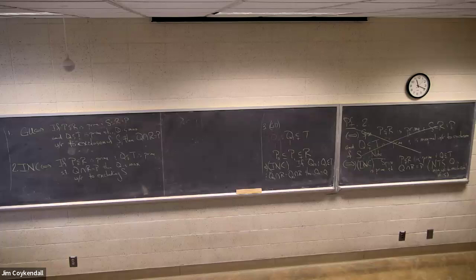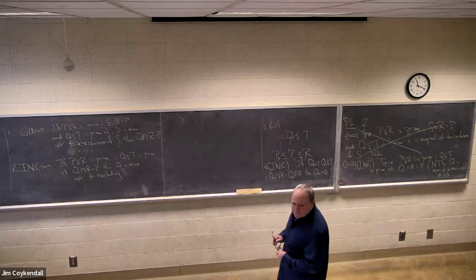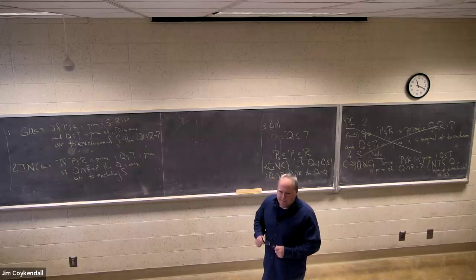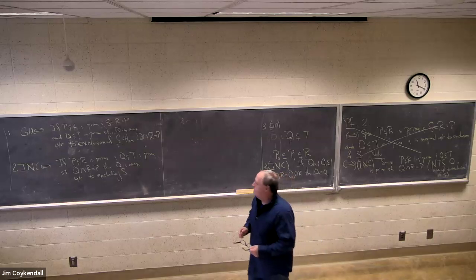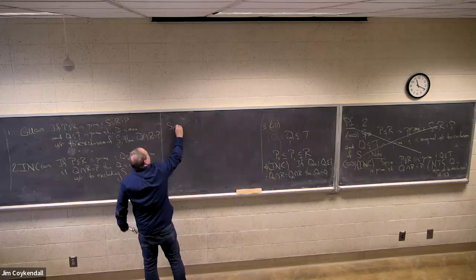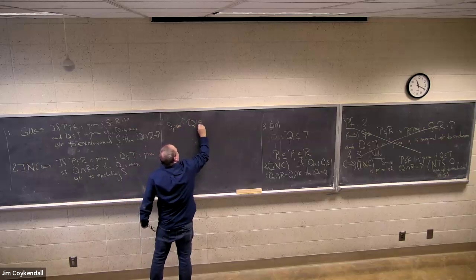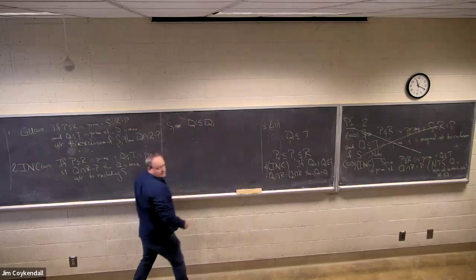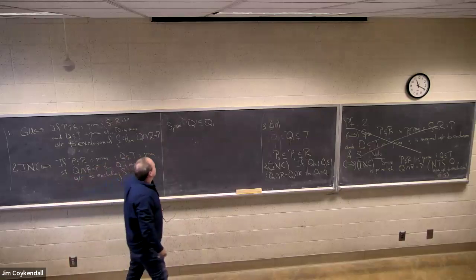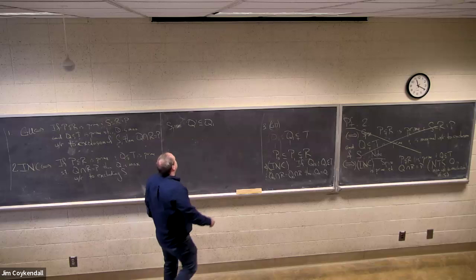Okay, everybody on board after that gap? So what can we do maybe? You can consider a prime ideal of T that contains Q. Okay, good idea. So let's suppose we have Q inside of Q1, right?